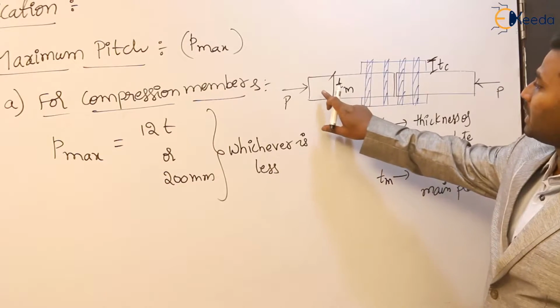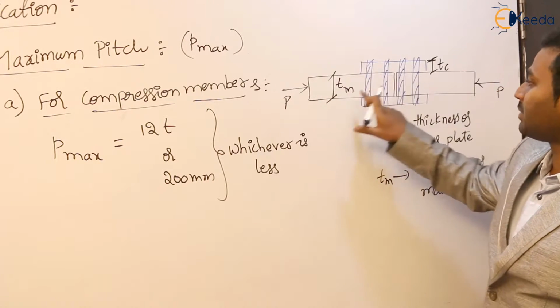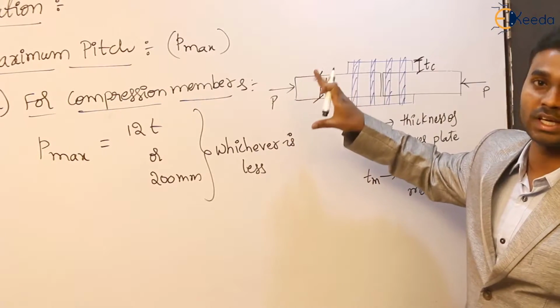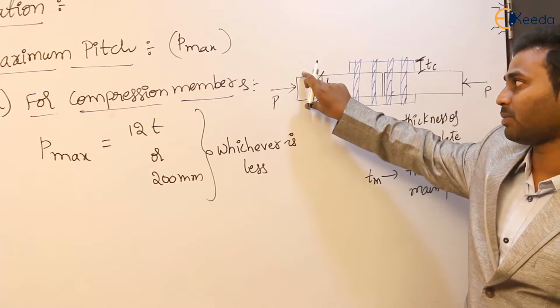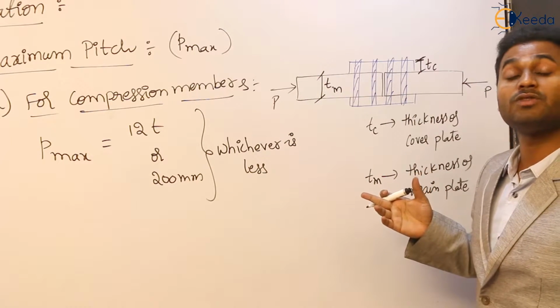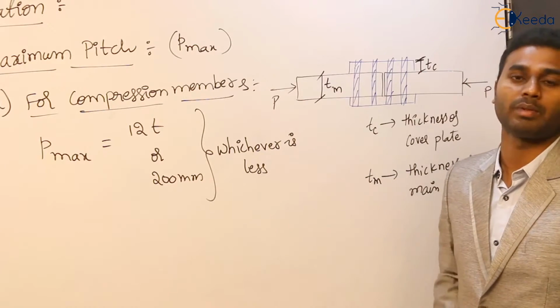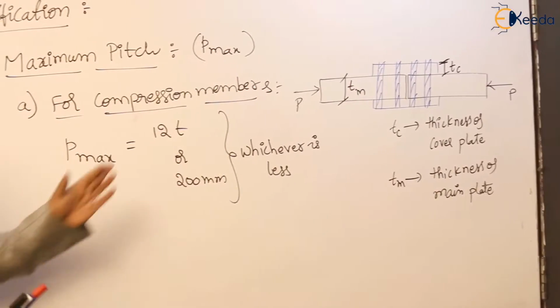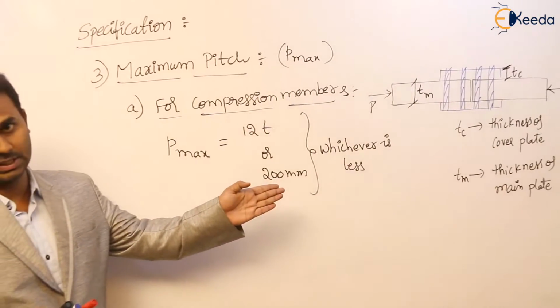For example, here these two main plates have the same thickness, but there may be chances where the main plates have different thicknesses. Say this main member is 8 mm and this one is 6 mm. In that case, which thickness is to be considered? The minimum, 6 mm. Clear or not? So that is the provision: for a compression member, the maximum pitch is 12T or 200 mm, whichever is less. Take it down.